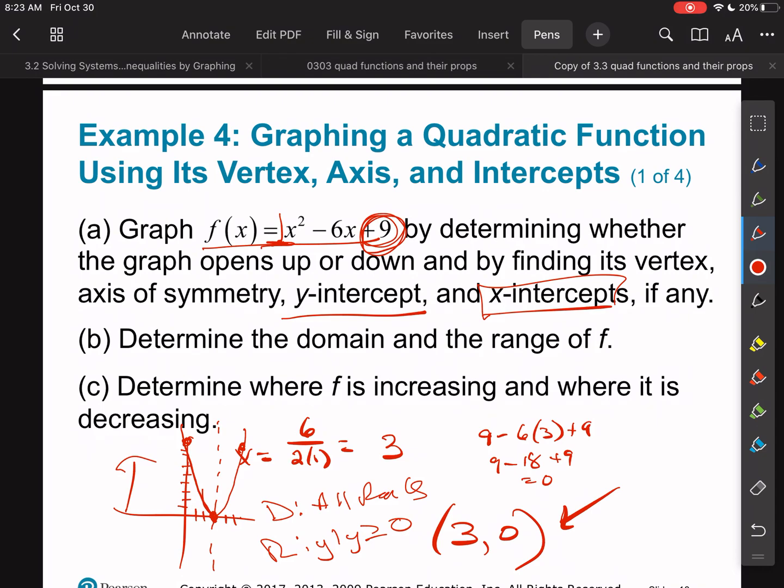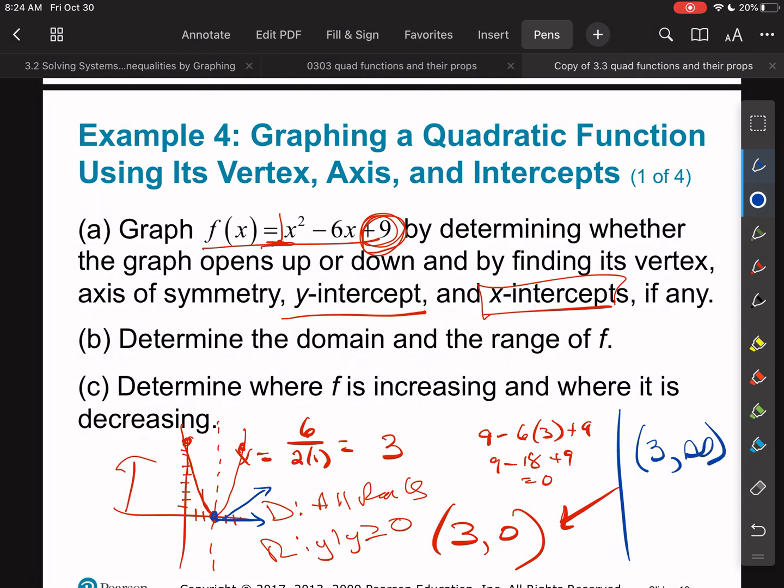And then it says determine where f is increasing and where it is decreasing. I'll change colors for this. This function starts increasing at the vertex going this way, so going to the right of the vertex on the x. So this is going to increase on the interval (3, infinity), not including 3.